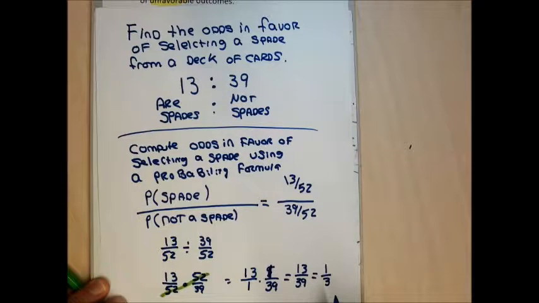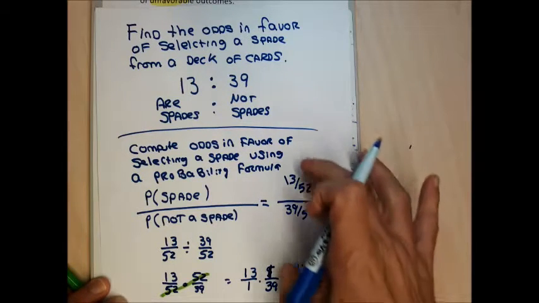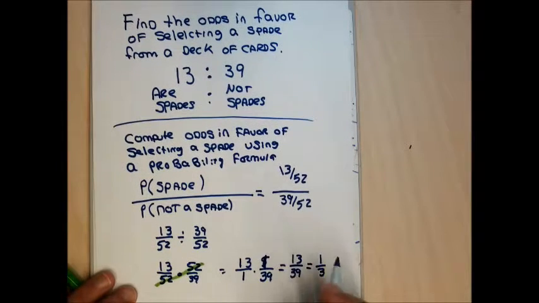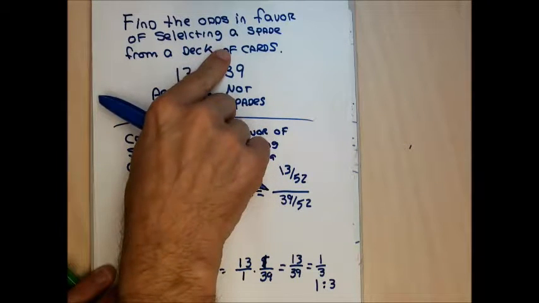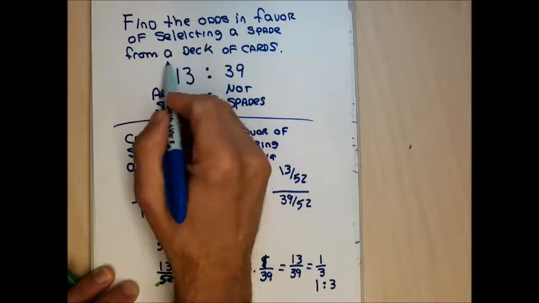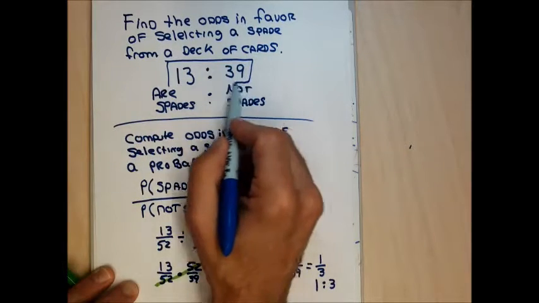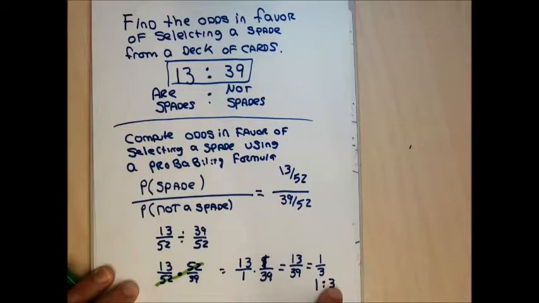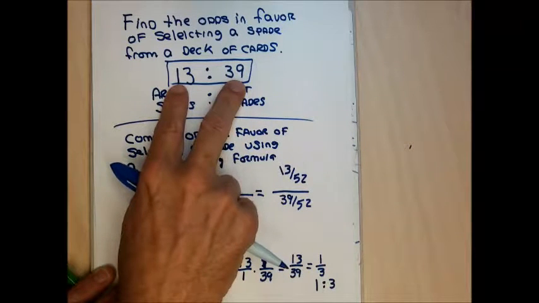When I use the formula to compute the odds in favor of selecting a spade, it feels real comfortable to reduce the fractions. And this 13 over 39 reduces to 1 over 3. If I was answering the question, find the odds in favor of selecting a spade from a deck of cards, although 13 to 39 is correct because it actually compares the number of spades to the number of not spades, it's not reduced. When you have ratios like this, you have to think of these ratios as a fraction.